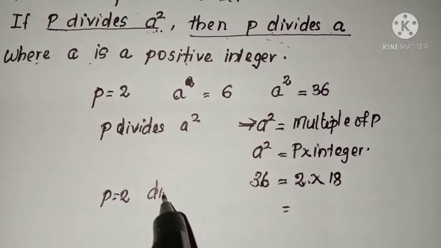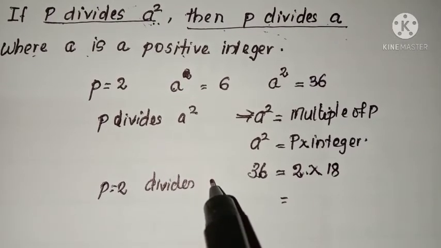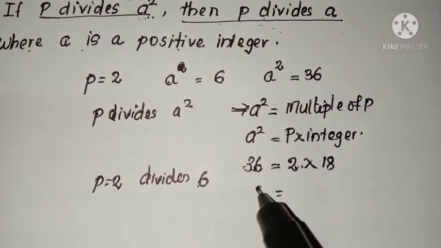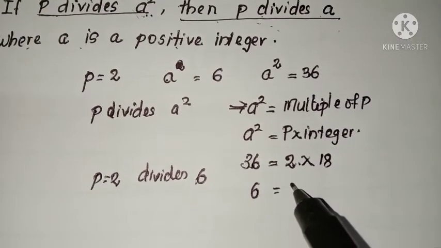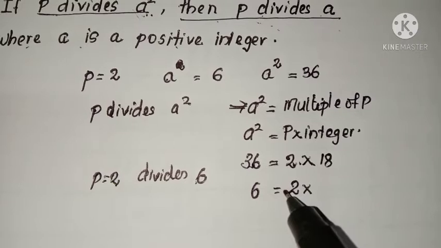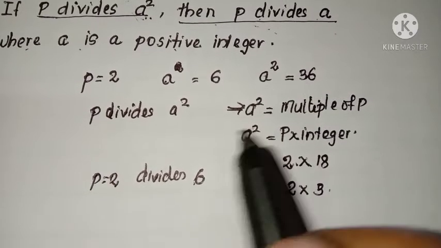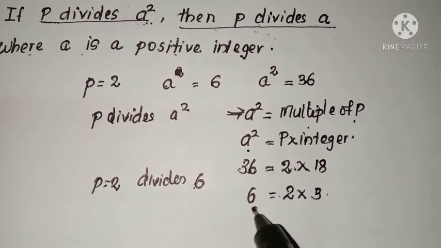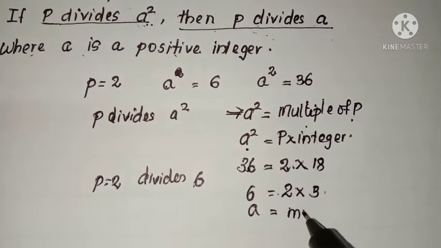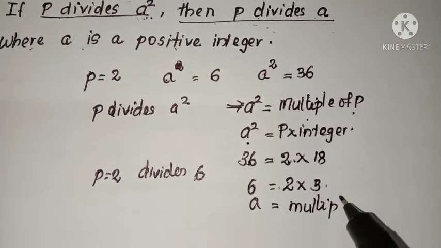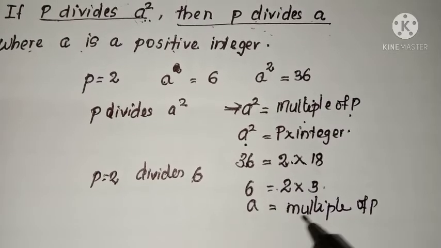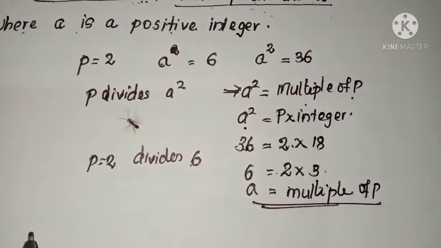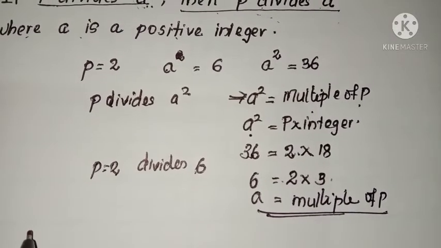Divides A. What is A? A is equal to 6. P divides 6 means 6 can be written as a multiple of 2, or 2 into 3. If A square is a multiple of P, then A is also a multiple of P. That is the theorem. It's very important to prove that the given number is an irrational number.